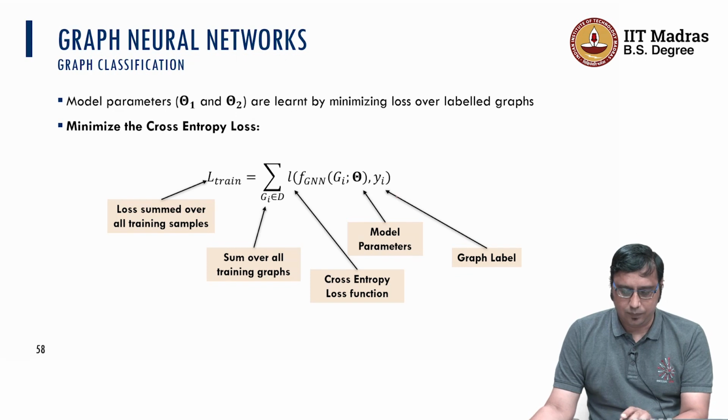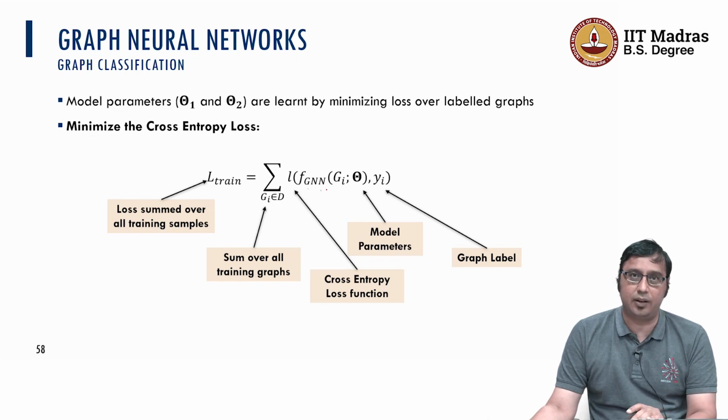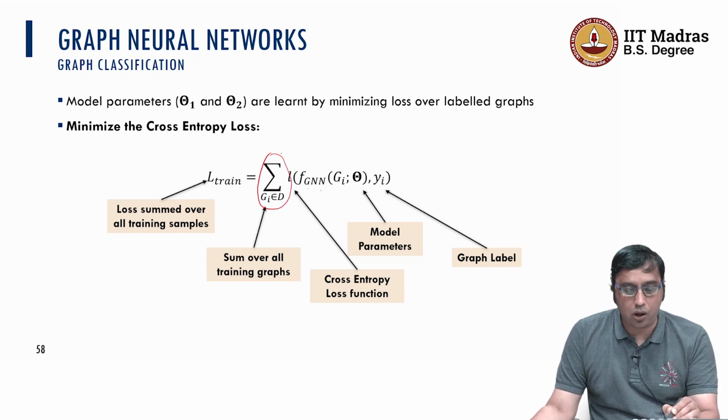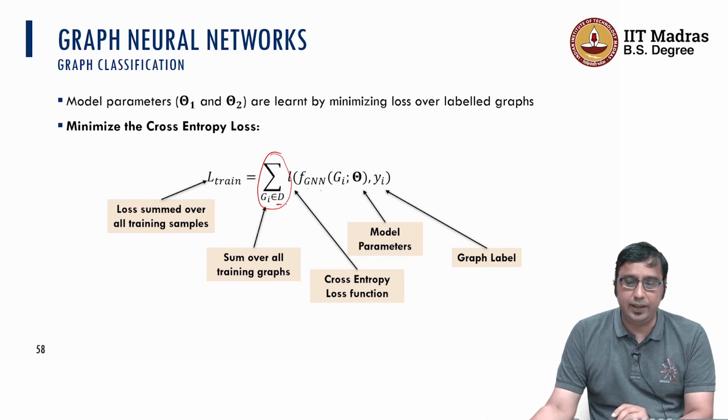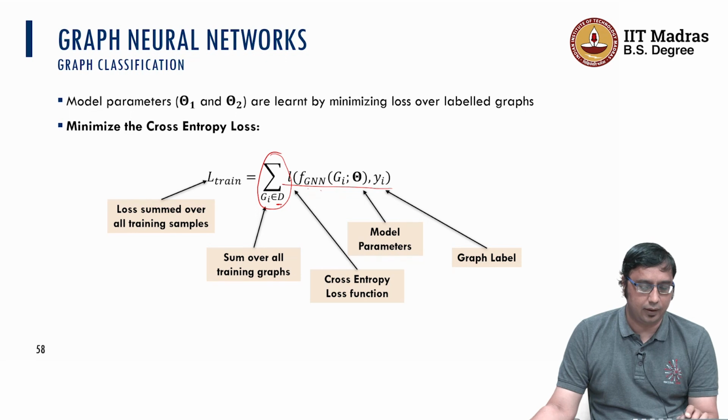Here, yi is the graph label, theta is theta1 and theta2, the total model parameters, f GNN is the graph model we are using for this particular graph classification problem, and L is the cross entropy loss function, summed over all the graphs in my dataset D with labels yi. So we are trying to minimize the loss, summed over all the training samples, and learn parameters theta1 and theta2.